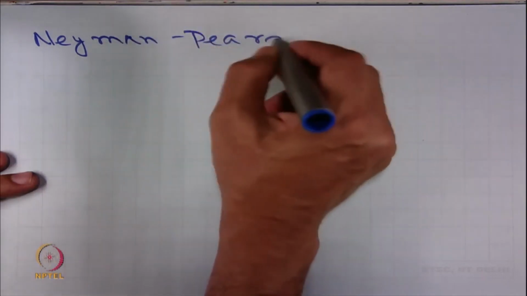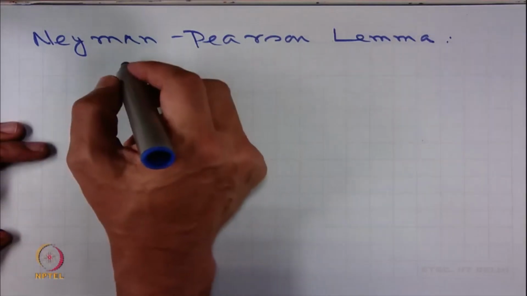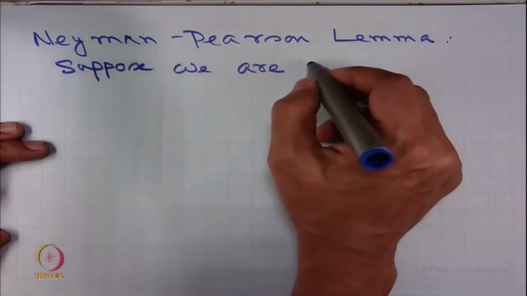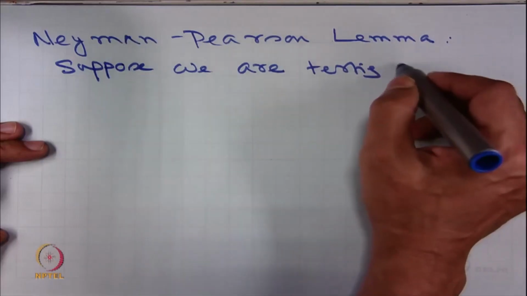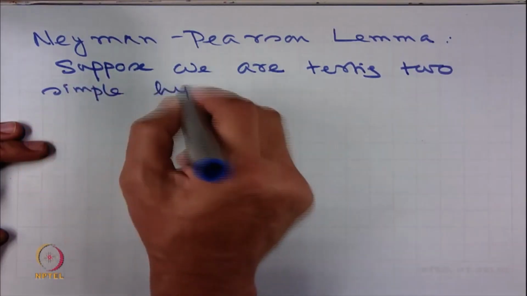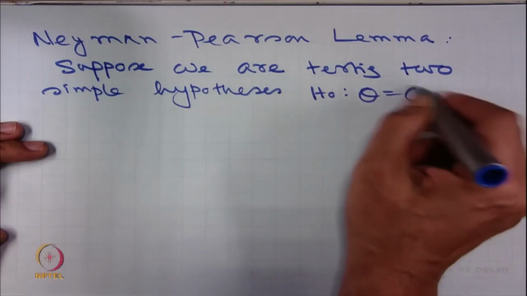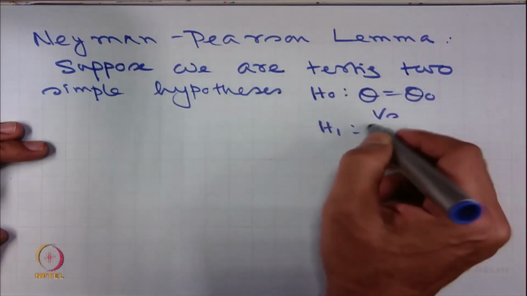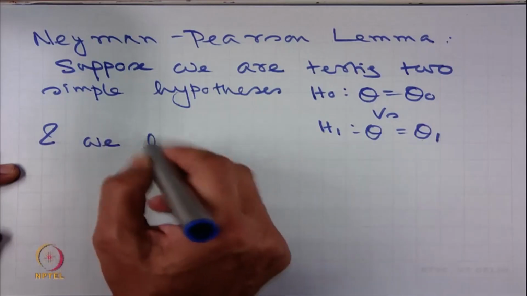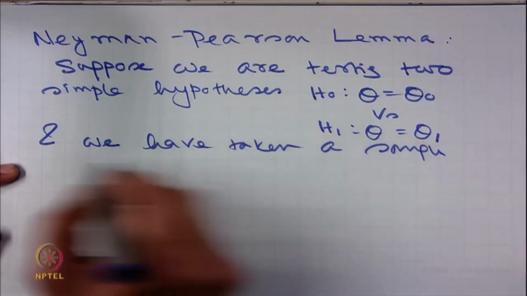Neyman-Pearson lemma. Suppose we are testing two simple hypotheses, H naught: theta is equal to theta naught versus H1: theta is equal to theta 1, and we have taken a sample x1, x2, ..., xn.